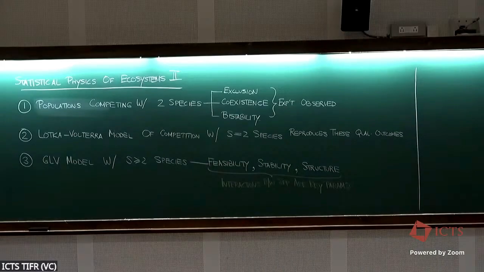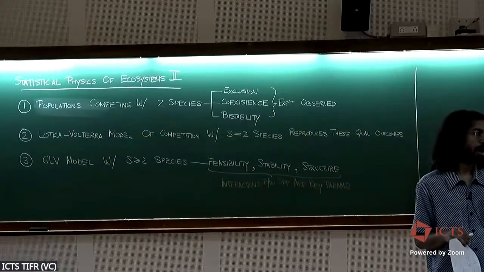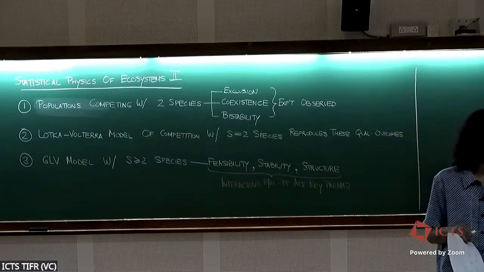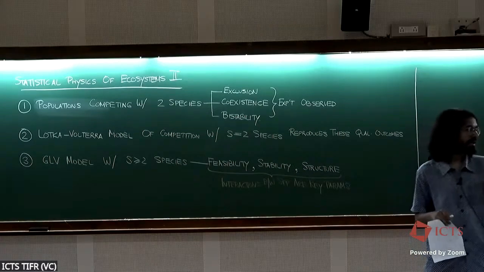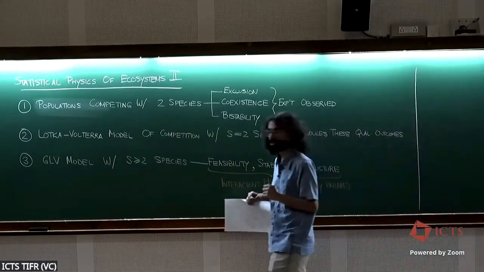So in that sense, it's conceptually interesting. This is what you see in experiments, and you need a really simple model with effectively 2 parameters, the interactions of how species 1 inhibits 2 and 2 inhibits 1, that really tell you everything you need to know about the behavior of these 2 species in the long term.